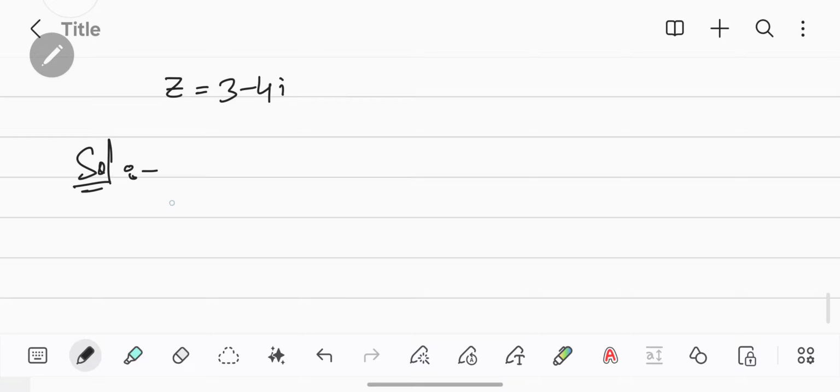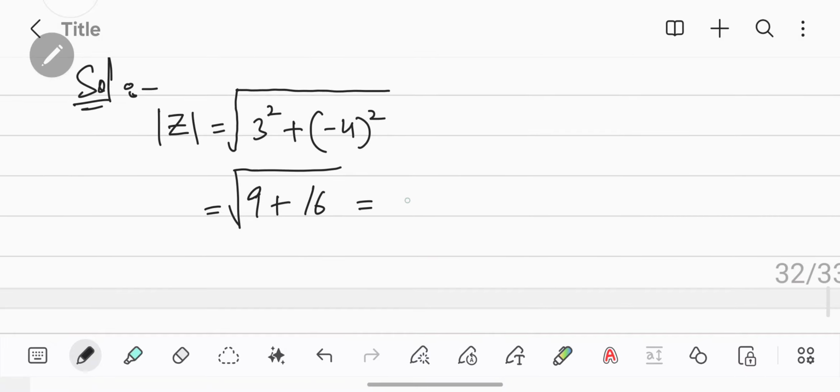In order to find the modulus, first of all I will write the square root, then the square of this, plus the square of minus 4, which is just the formula which we have defined a few minutes ago. 9 plus 16, because the square of a negative number is positive. 9 plus 16 is equal to 25, so I'll write here the square root of 25.